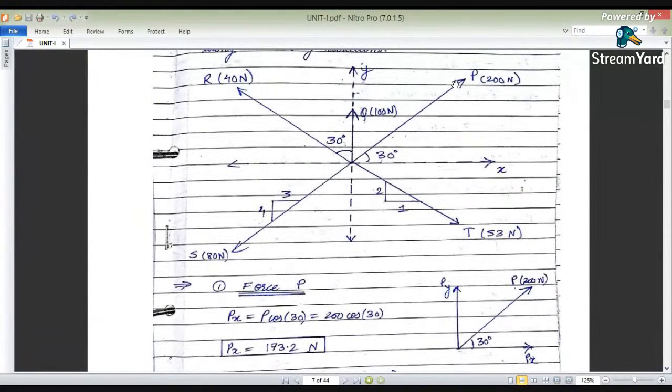So here the first force is P, that is 200 newtons, making an angle of 30 degrees.